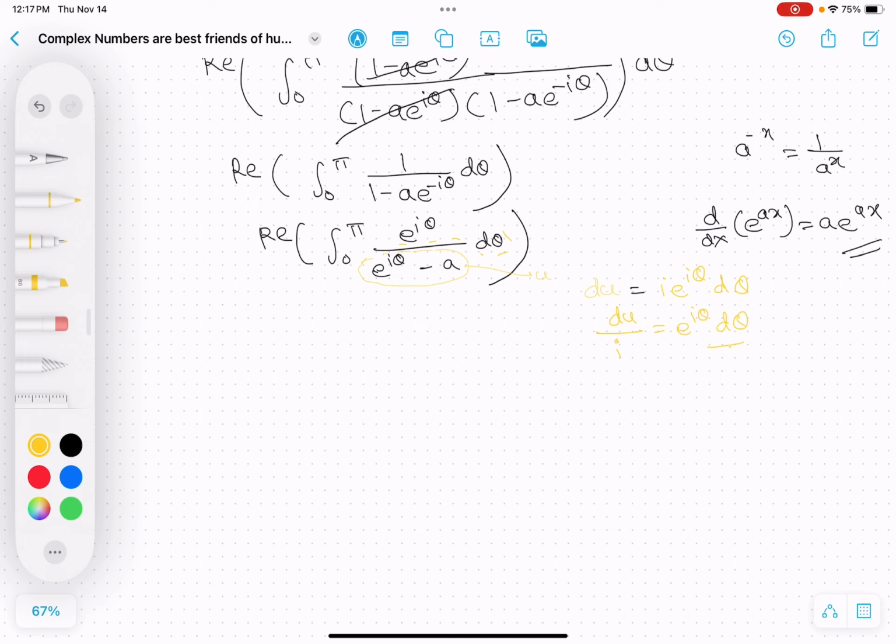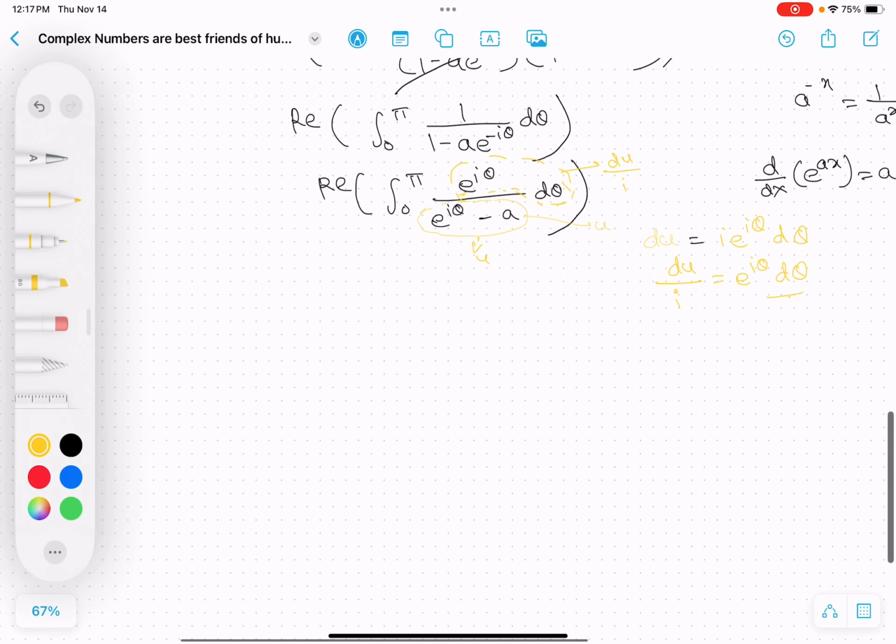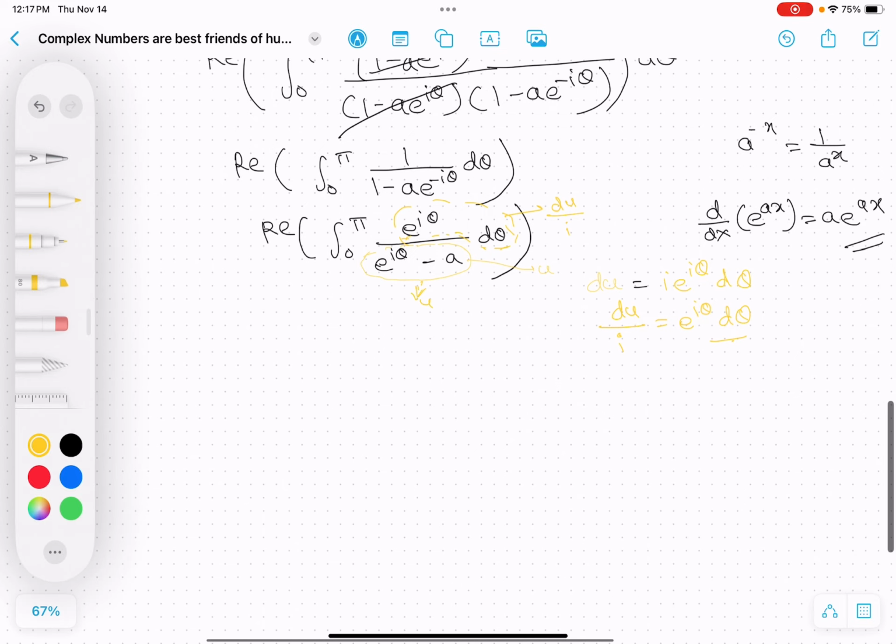So over here what I want to say is, if I make this as u, this entire other thing will just be du by i, right? And this is a constant, so this is almost like du by u. In that case, we know that the integral is log of u. So from that, we can see that this will actually become ln of e to the power i theta minus 1, divided by i, going from 0 to pi.